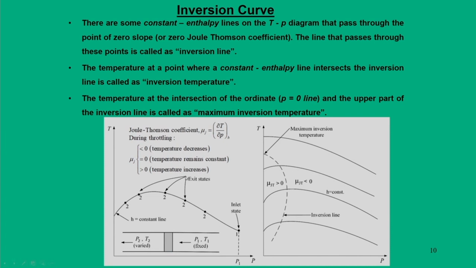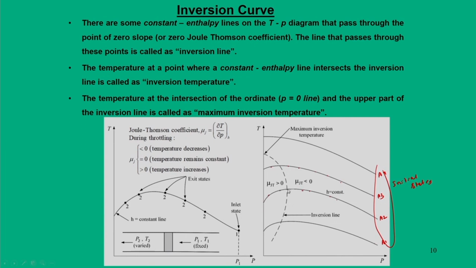Now, this is one set of curves for a given initial state. For different initial states like A1, A2, A3, A4, all these are what we call initial states. We can locate the corresponding state point 2 on each of these curves.